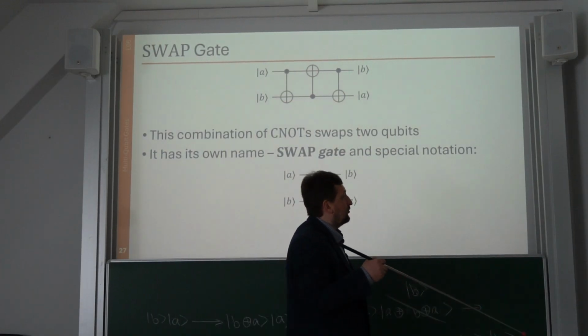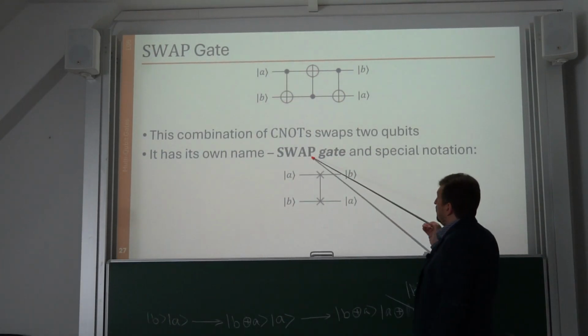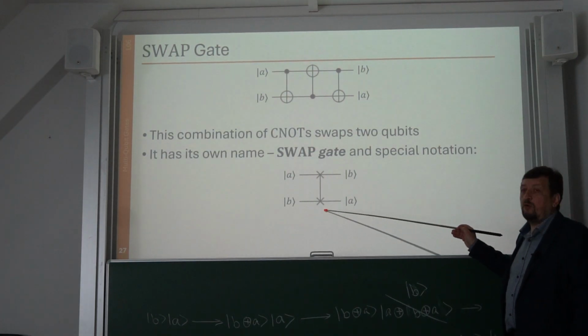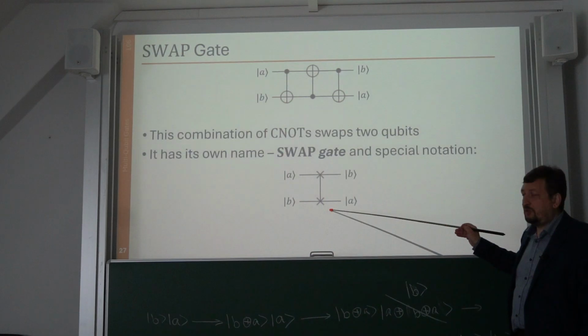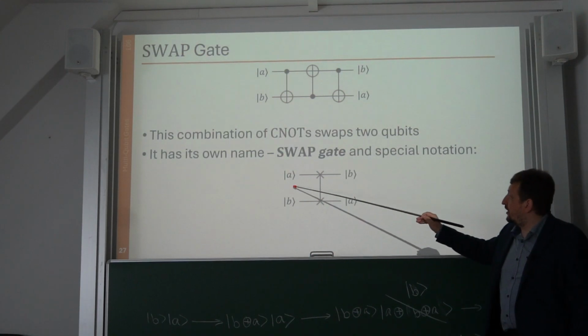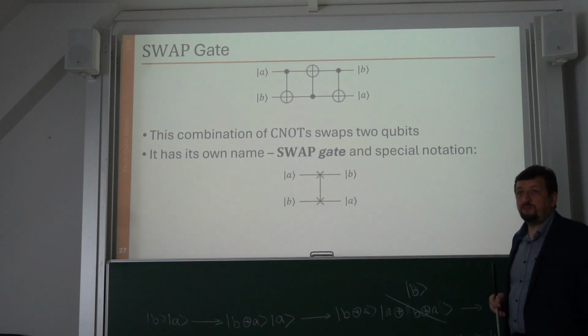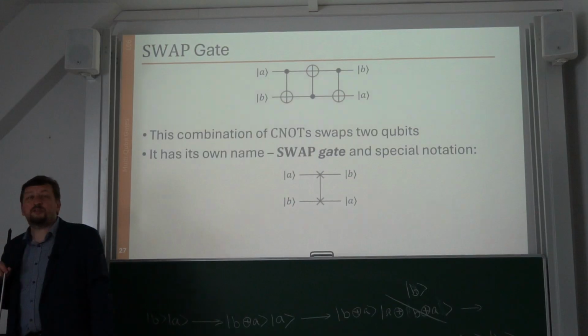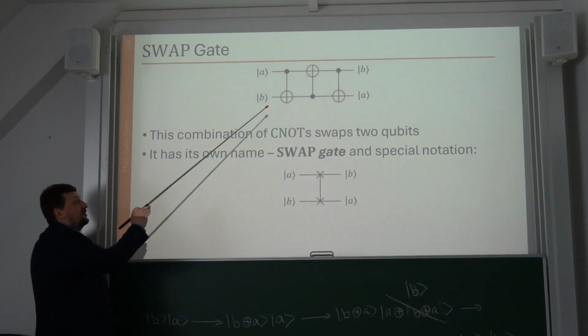So this is very useful. It's called swap because it swaps qubits and it has its own special notation like this. A line with this axis, so we started with AB, we ended with BA. This is a very useful gate and it's achieved with just 3 CNOT gates.